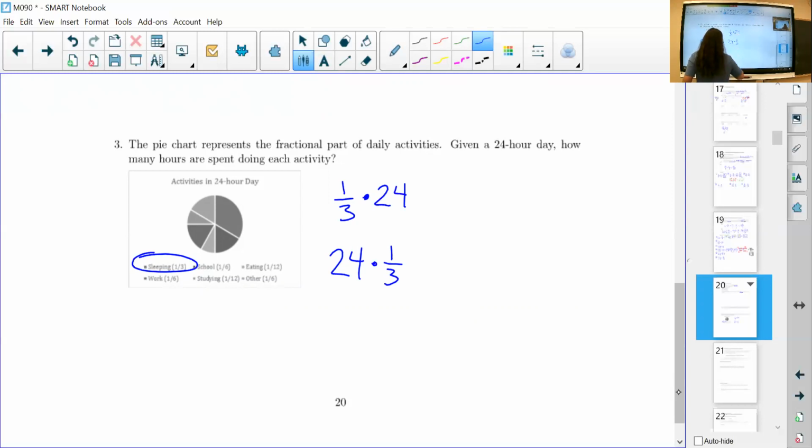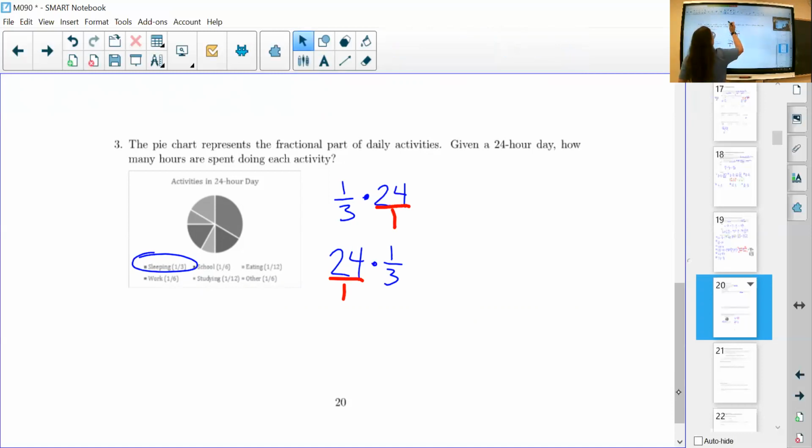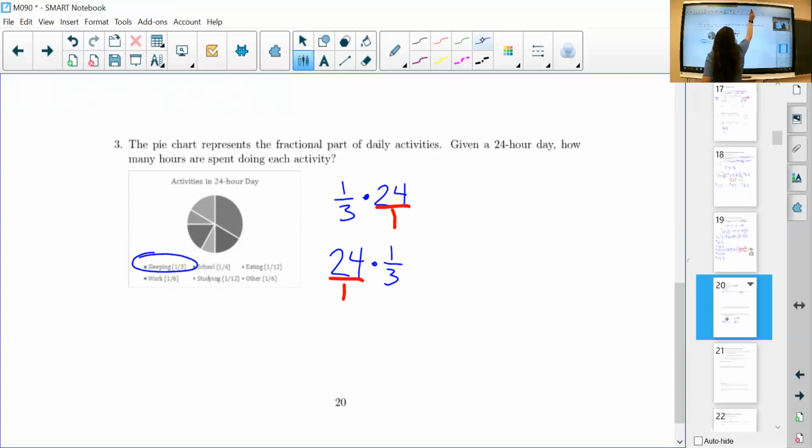Either way, I put my 24 over 1. I can simplify early and divide top and bottom by 3. I get 1 and an 8. And I get 8 over 1, which is 8.